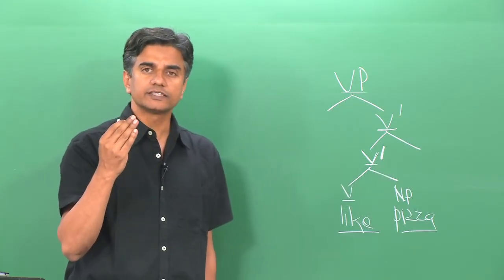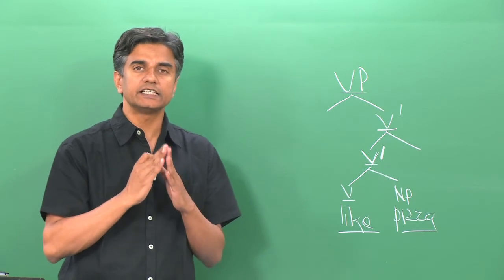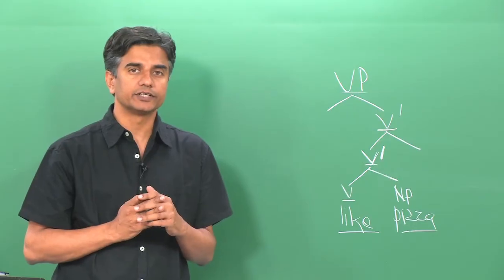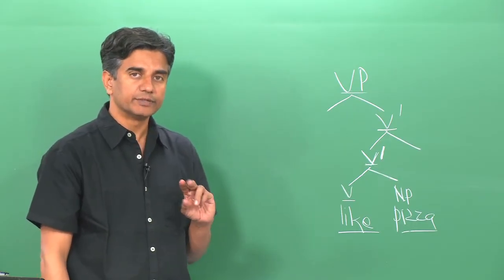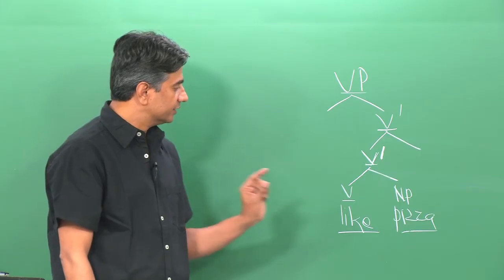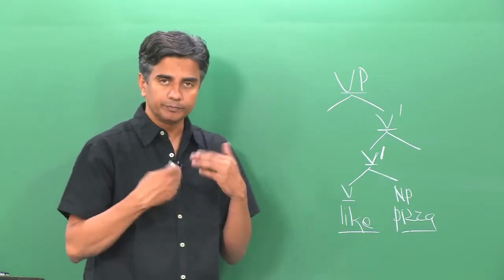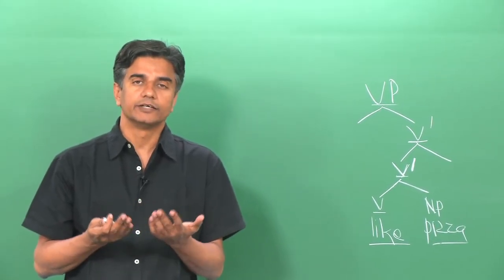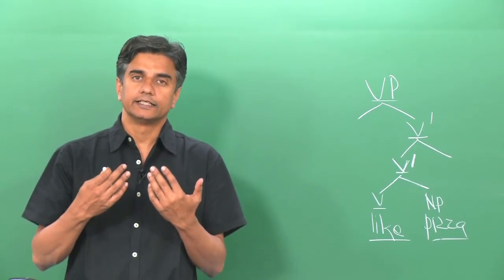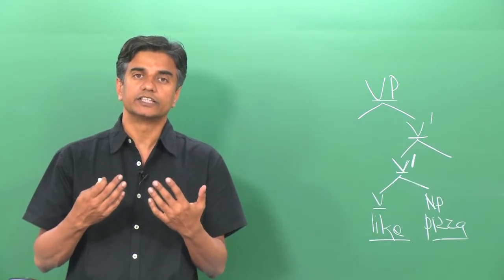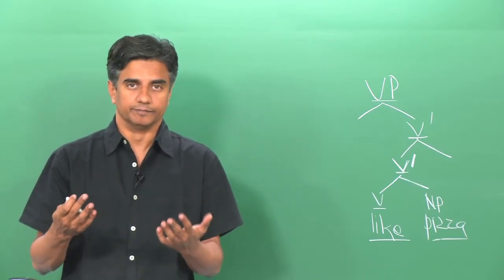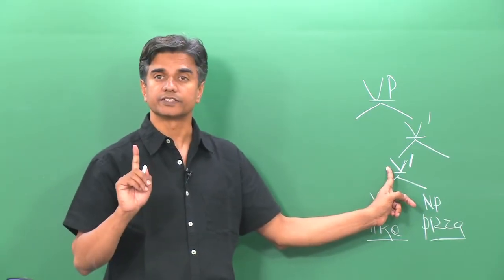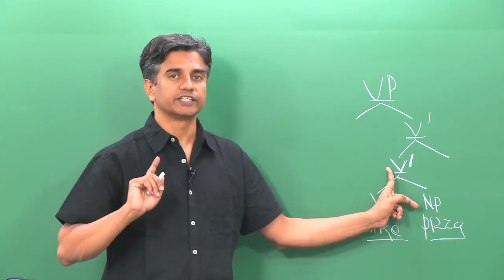The first one is it helps us maintain binary branching, and with the notion of binary branching we can demonstrate very nicely the hierarchical relation, the relationship between different elements within the phrase and the relationship of those elements with respect to other phrases as well. That is one of the purposes of the intermediate category.